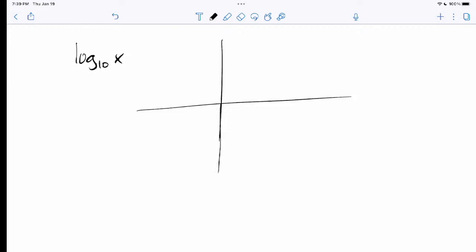The idea is log base 10 of x. This is what log base 10 of x looks like. And you three are going to have to text and respond if you want me to explain these.